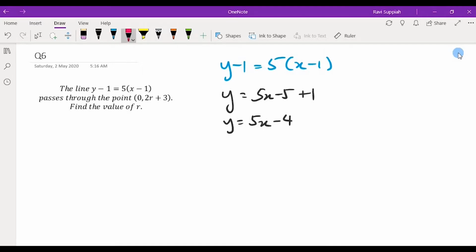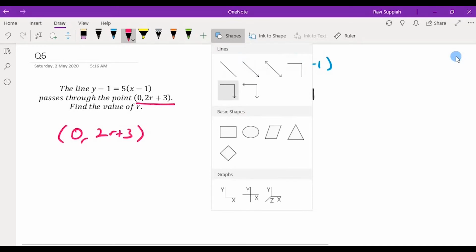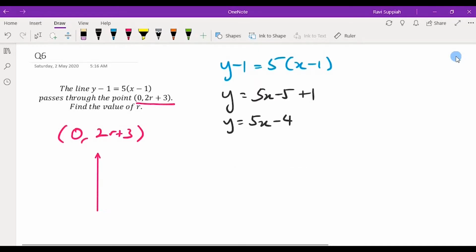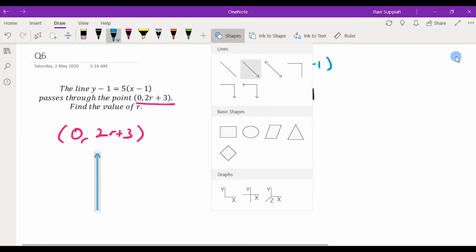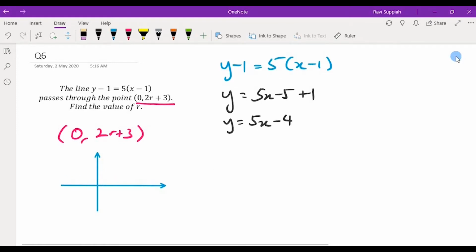Now we are given that it passes through this point (0, 2r plus 3). When it passes through this point, what does this tell us? If you draw a straight line now, what does this information tell us? You must understand the context of it.